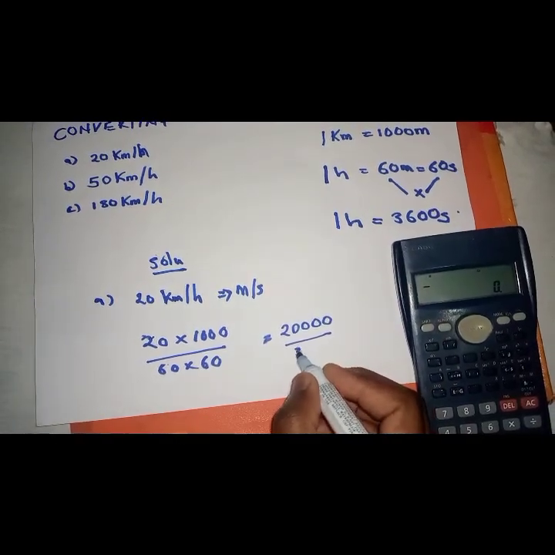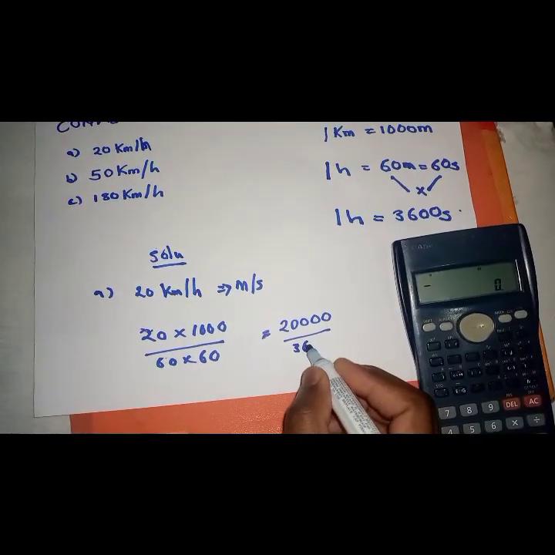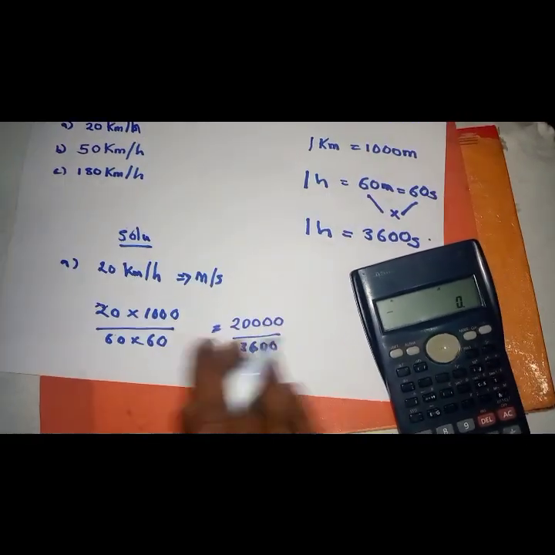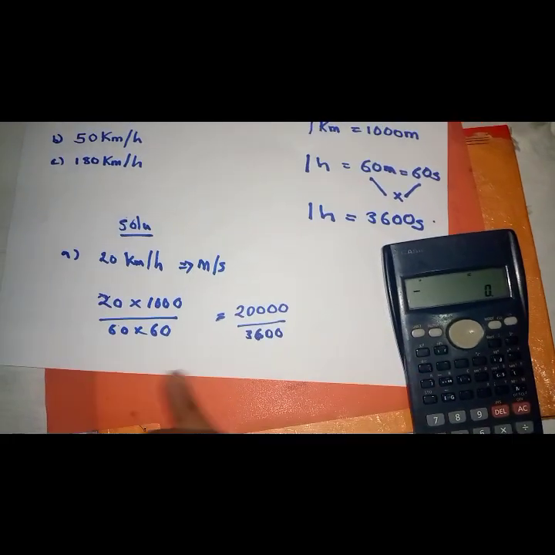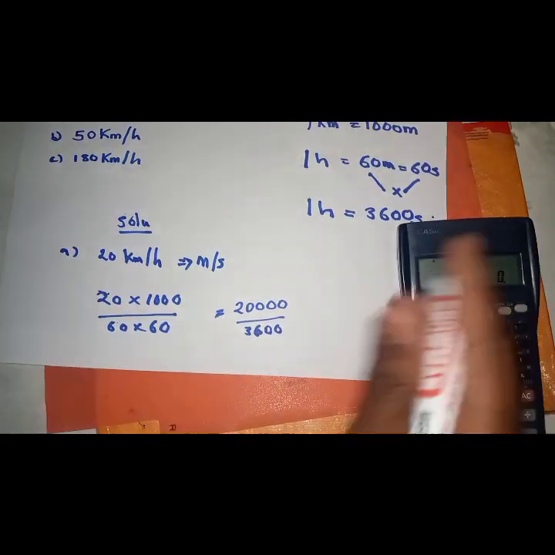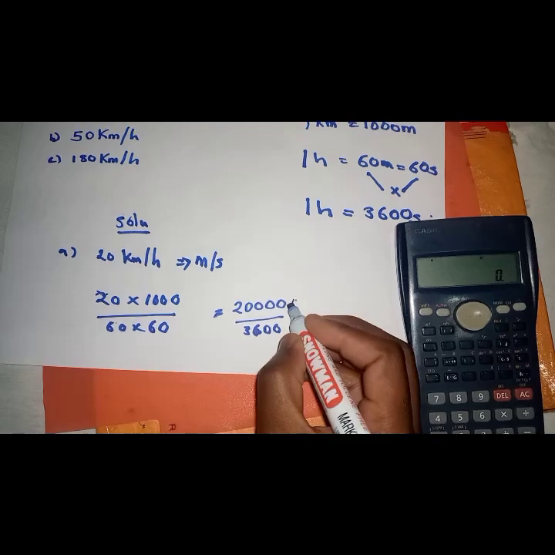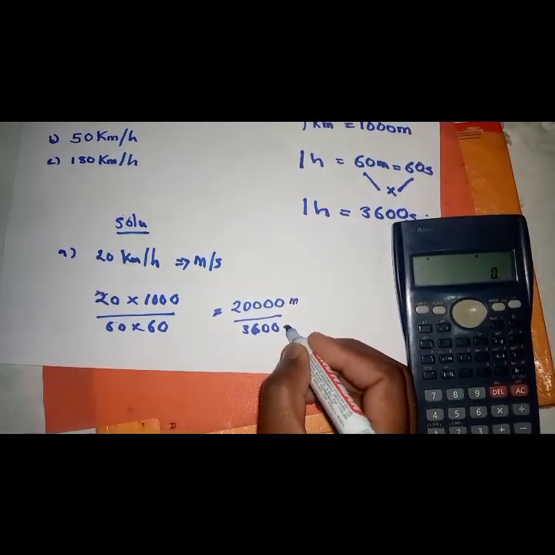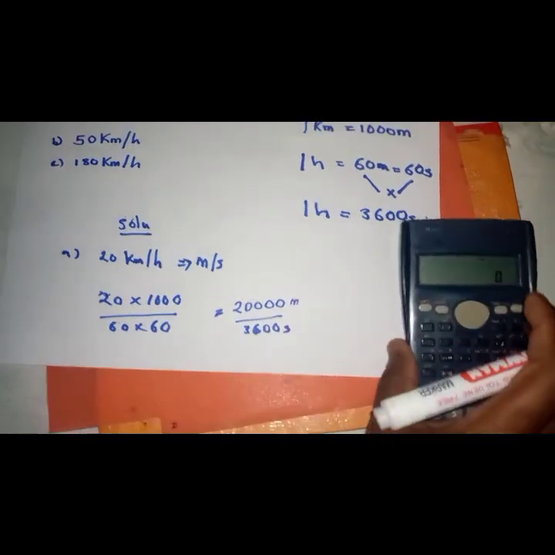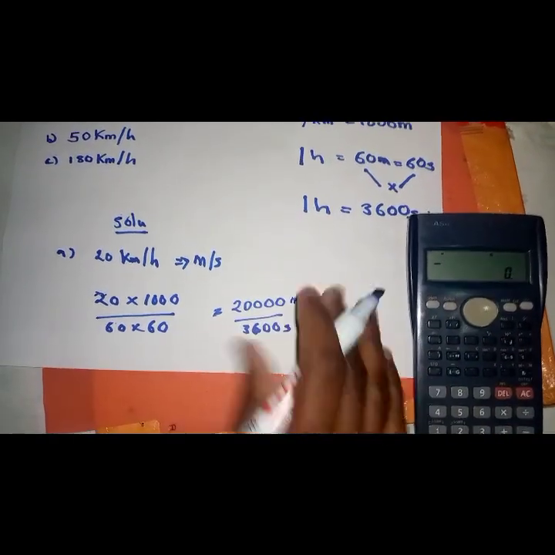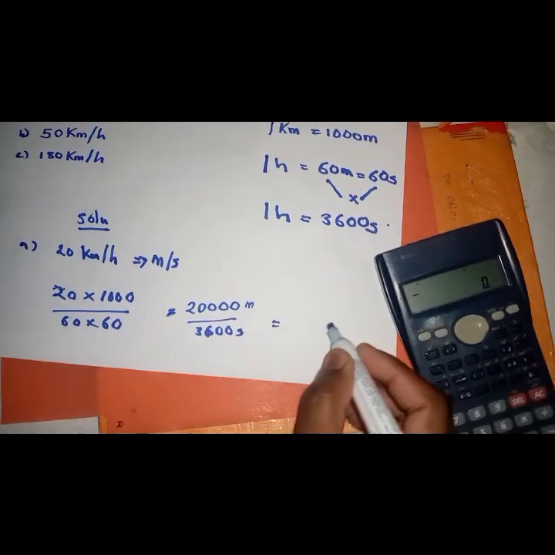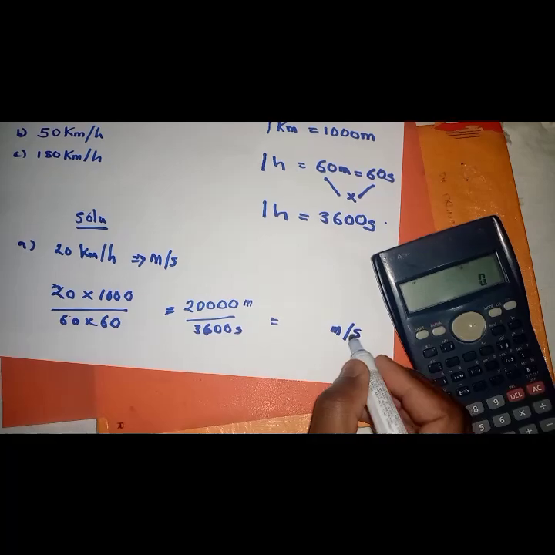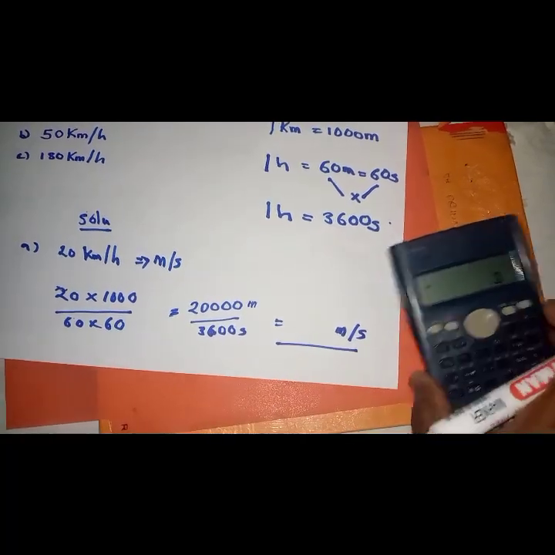Those will be seconds. So our last stage here will be dividing now. Remember, these are now meters. We have converted from kilometers to meters, and these are now seconds converted from 1 hour. So our final answer is going to be meters divided by seconds.